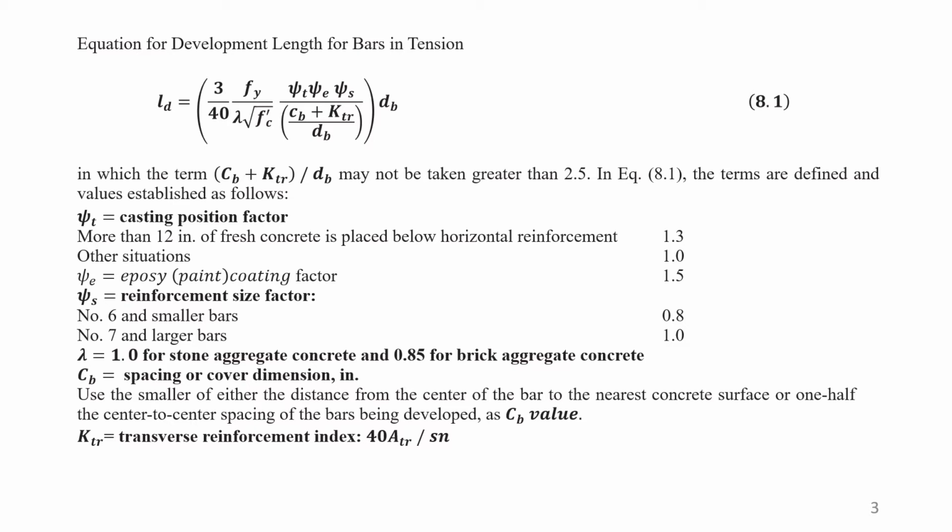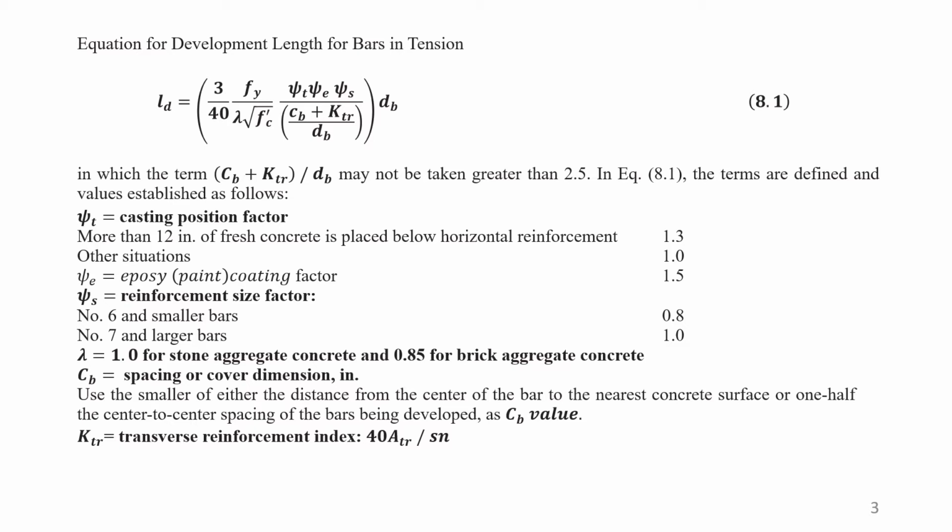T means top, and psi e is the next factor. E is epoxy. This is a new term, epoxy paint. Sometimes, to protect the bars from weather action and rusting, some paint is given. That paint is known as epoxy paint, and the factor for that epoxy paint is psi e. And psi s is the size factor.